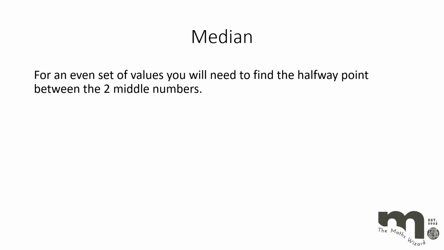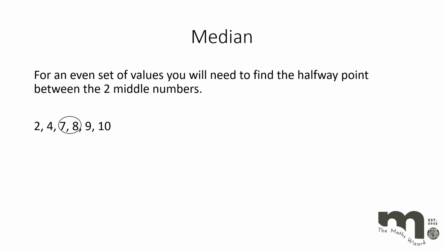And if that's the case, you need to find the halfway point between the 2 middle numbers. So if we look at this list here, we've got 2, 4, 7, 8, 9, and 10. You will see that 7 and 8 are the 2 middle numbers there. So the halfway point between those is 7.5. So 7.5 is your median in this example.